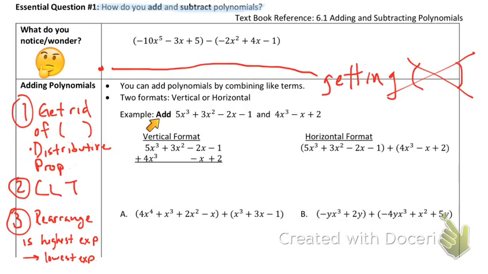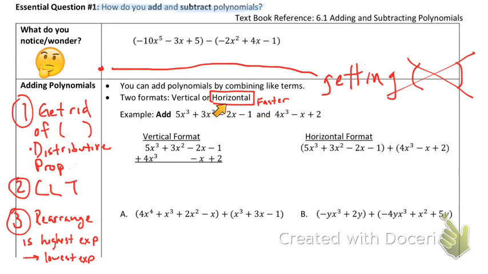I know right now we're just working on adding, but it works exactly the same for subtracting, as you'll see in a little bit. But there's two ways. We could do vertical format or horizontal. I personally prefer horizontal format just because I believe it's faster. Especially when you're comfortable with combining like terms, the horizontal format is going to be the way to go.